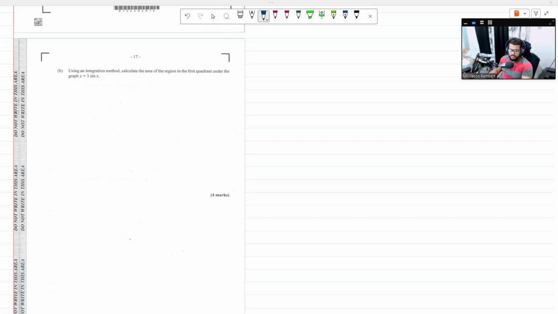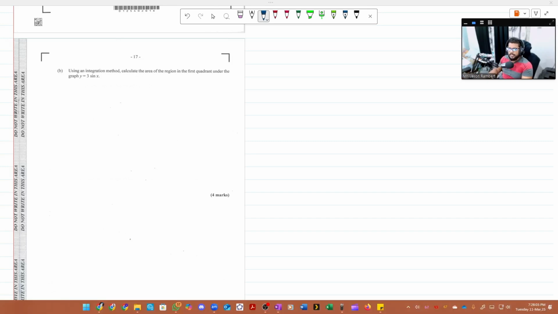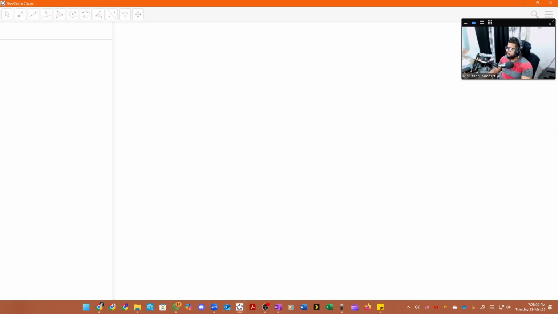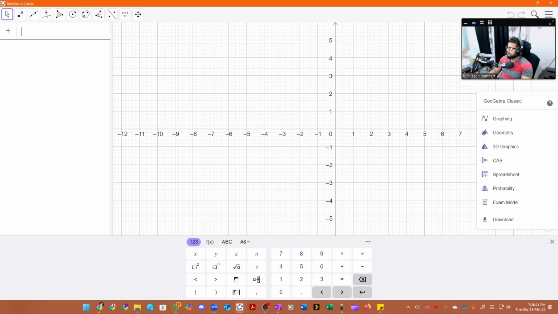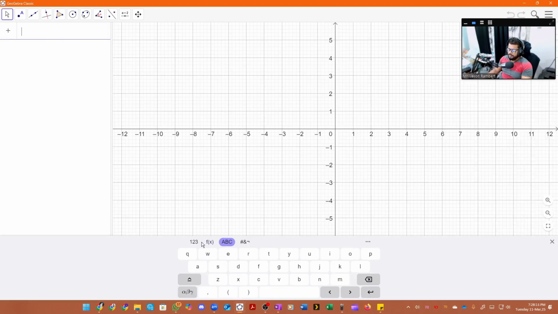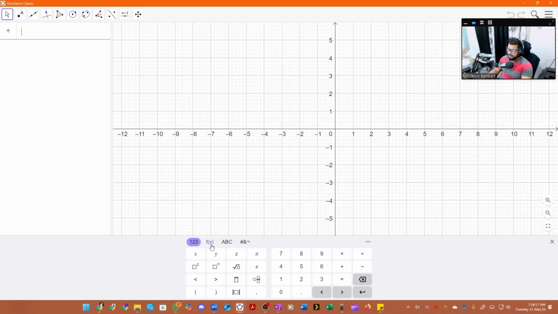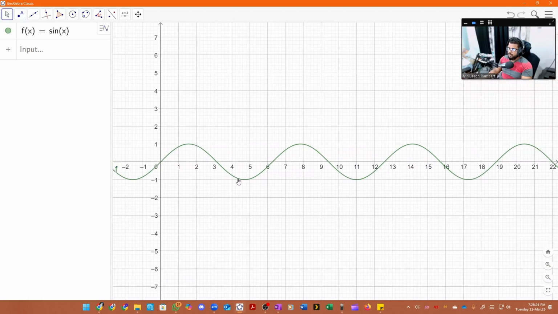So in the first quadrant, let me just illustrate it a little bit here. All of these humps happen in the first quadrant.